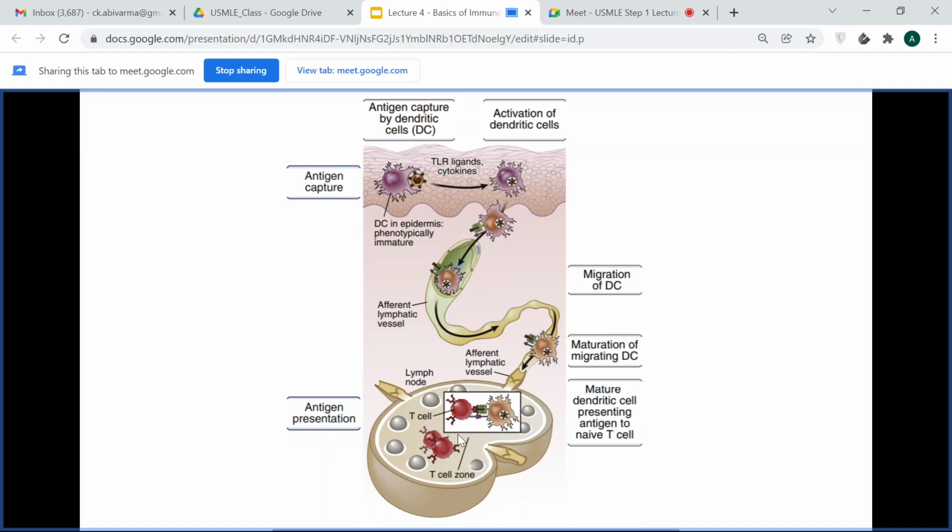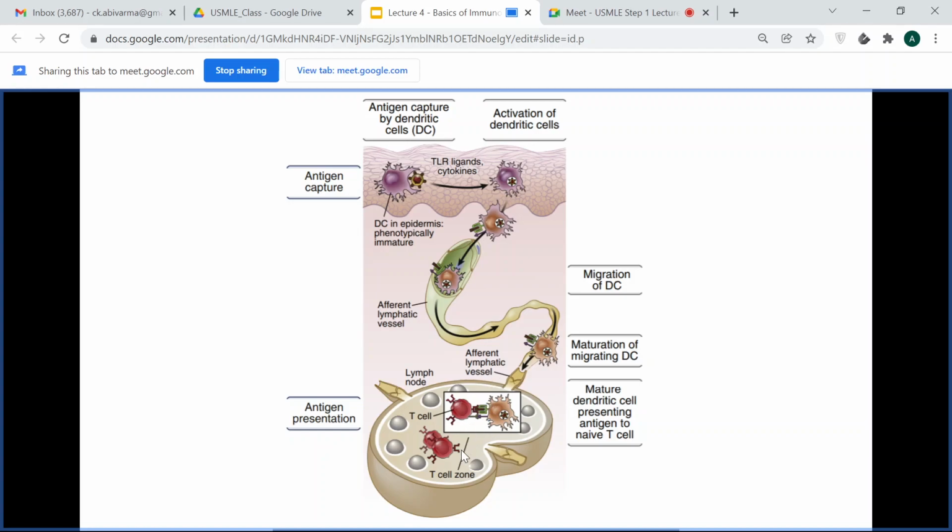If you remember from the architecture of the lymph node, there's a place that is rich in T cells, and that is situated exactly next to the afferent lymphatic vessel, meaning the ones that are going to encounter the incoming pathogens. These T cells will then recognize these, they will have this receptor interaction.